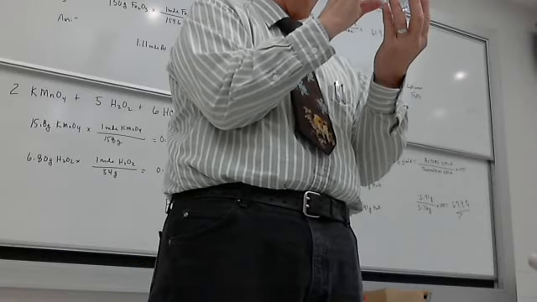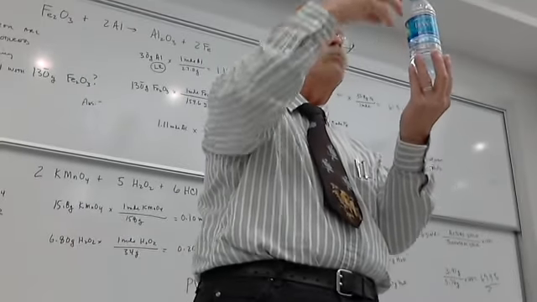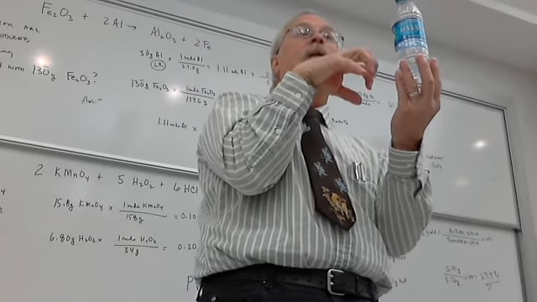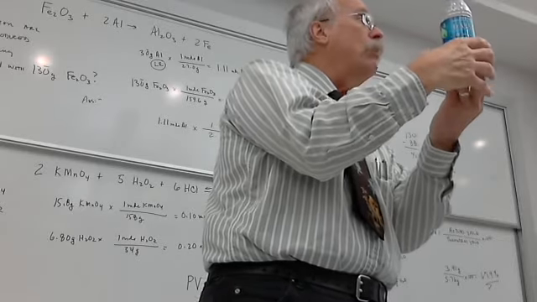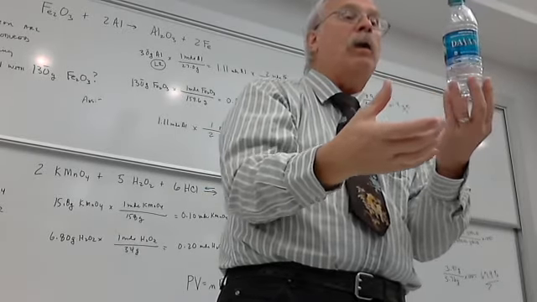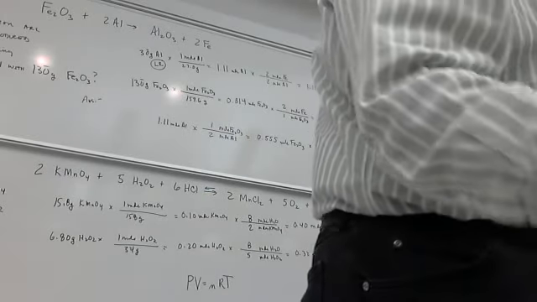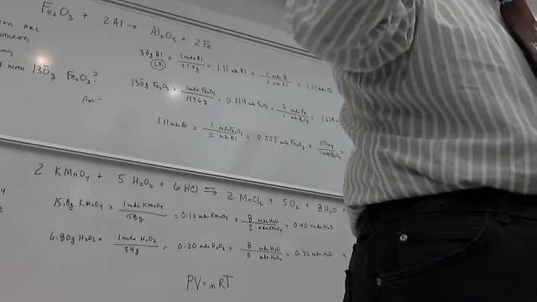Everywhere throughout the bottle. In fact, it takes on the shape of the bottle. If I could take a picture and computer remove the bottle, the gas would look like the bottle. It would have the same shape and the same volume as the bottle. And it doesn't matter what bottle I use. If I found a bigger bottle and put the same gas into that one, it would expand to fill that bottle.